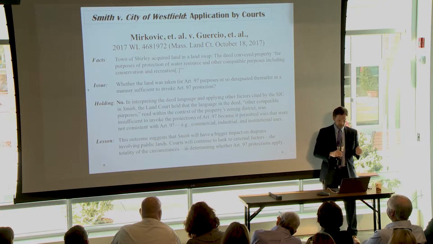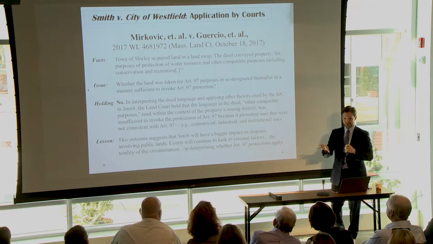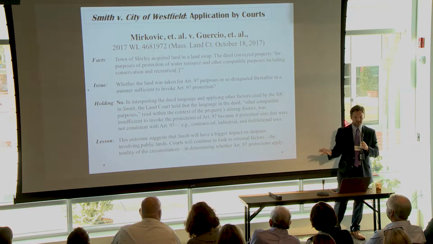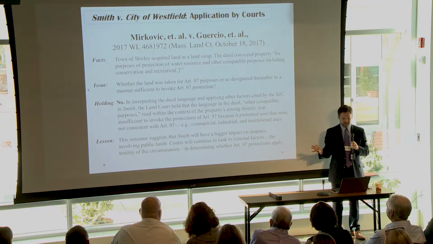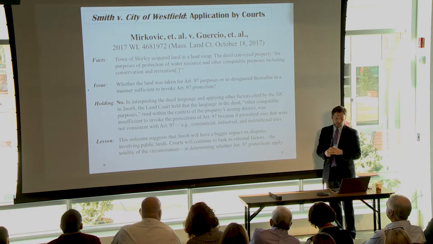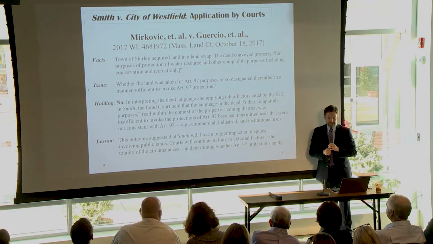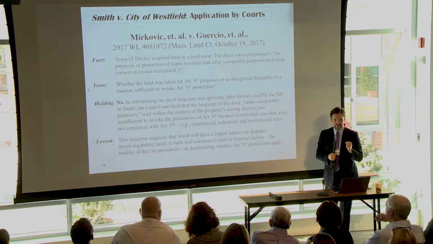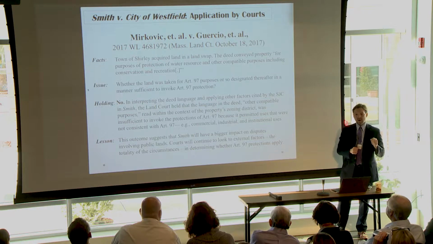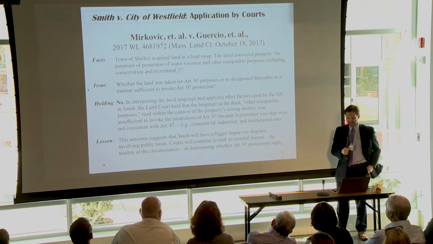What the court here determined is that because the property's zoning district allowed for a number of other uses that had nothing to do with Article 97 type purposes, and because the deed allowed for compatible purposes, including conservation and recreation, it was not enough. The language of that deed in the land court's view allowed for other types of uses beyond Article 97 type uses.